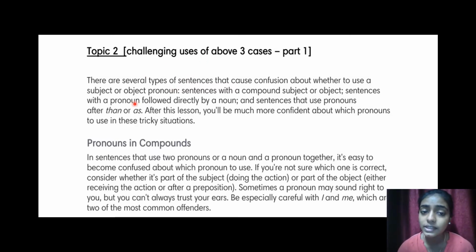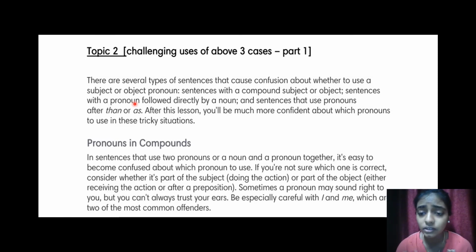Now when there are several types of sentences, it's normal to have confusion as to what pronoun to use, whether subjective, objective or possessive. We really don't understand when sentences with a compound subject come up, or when a pronoun is directly followed by a noun.